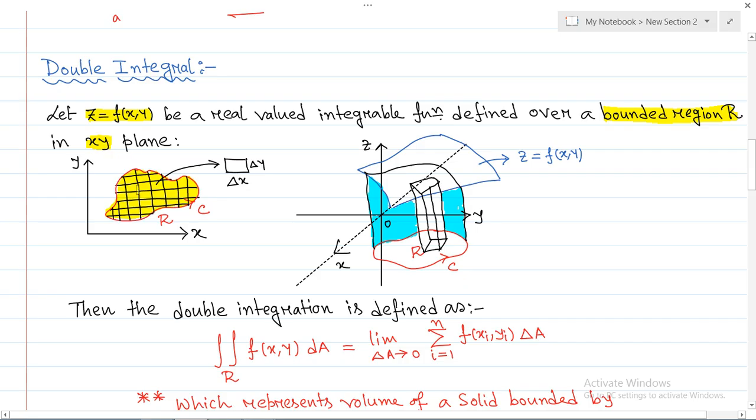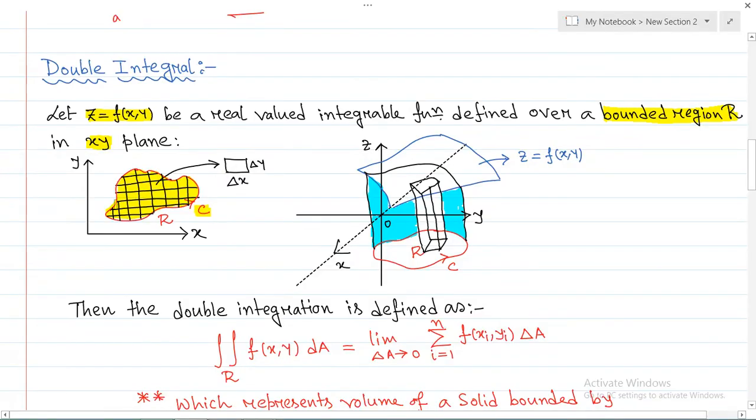For your understanding, here I have drawn the xy plane and a region R, which is enclosed by a closed smooth curve C. Now to do the integration, just like before, here we have a surface in place of a straight line. Over a straight line we can make breaks, that is sub intervals, but here we cannot make breaks, we have to make a grid.